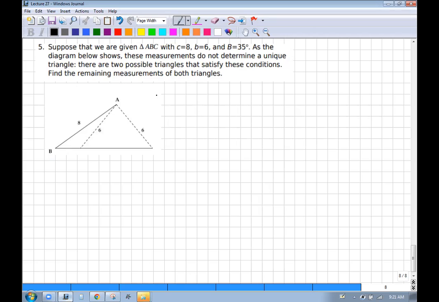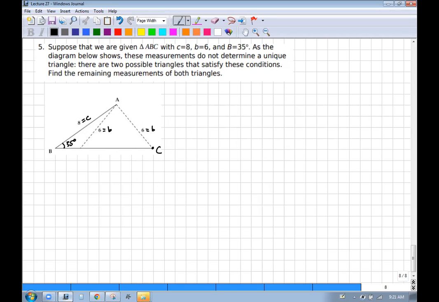They say C. Where's side C? If that's point A, that's point B, this is point C. So over here, this is C. This is 35 degrees. B is 6. So this is B.